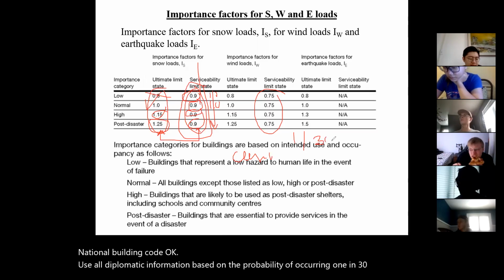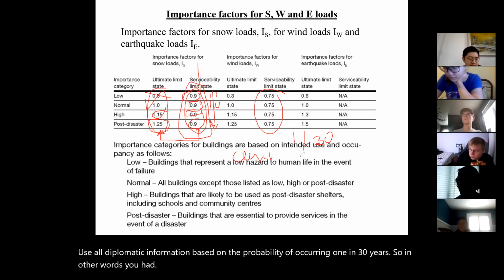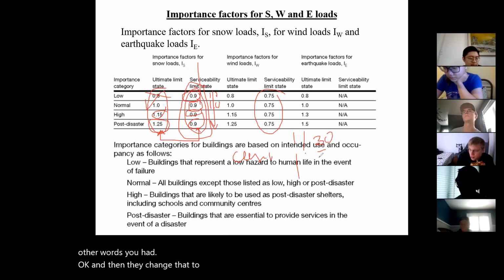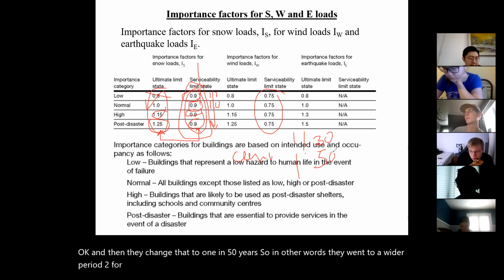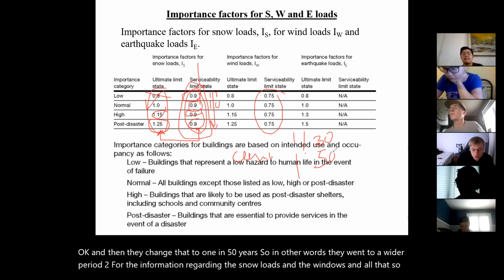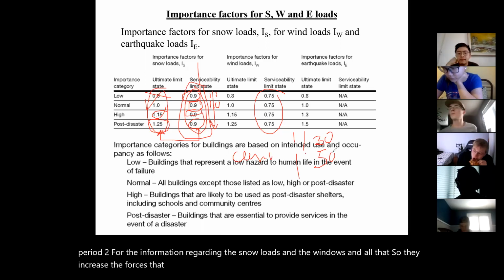Then they changed that to 1 in 50 years. In other words, they went to a wider period for the information regarding snow loads and wind loads and all that. So it increased the forces you would get regarding the snow load, and therefore it made the building a little stronger.